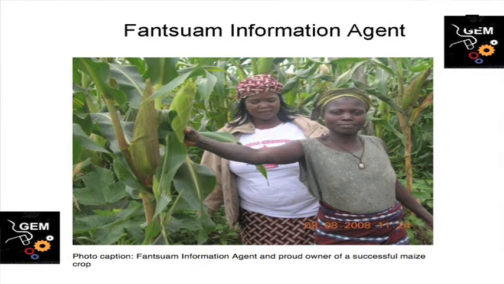Just so you have a feel, no? They say she's an information agent, and she's a proud owner of a successful maize crop. Because they also support microfinance projects with these women. Okay, so what did they find out?